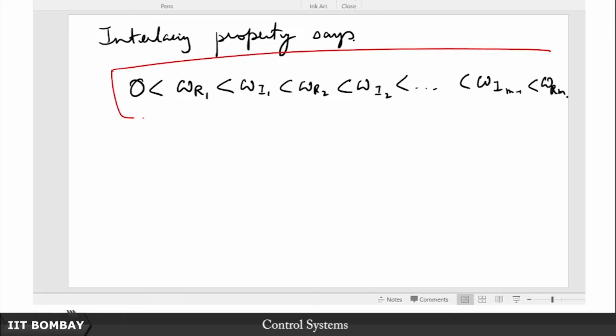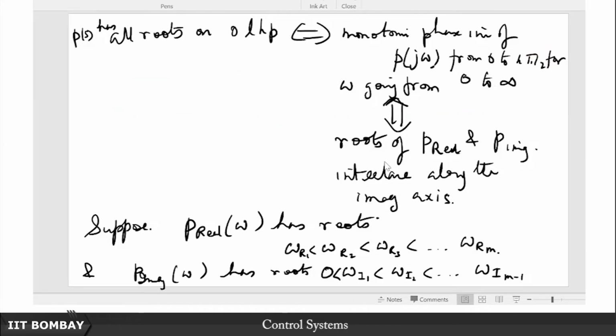Now notice, if I go back to this diagram here, if the roots of the real and the imaginary part interlace, I have my answer to the question. I started out with the question of obtaining a condition to ascertain if a given polynomial has all its roots on the open left half plane, and now I have given at least some sort of an answer.